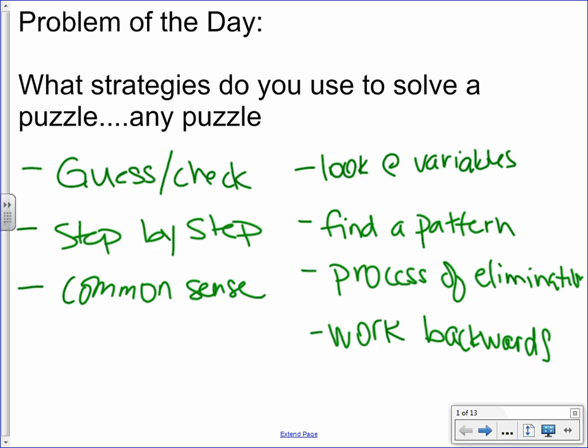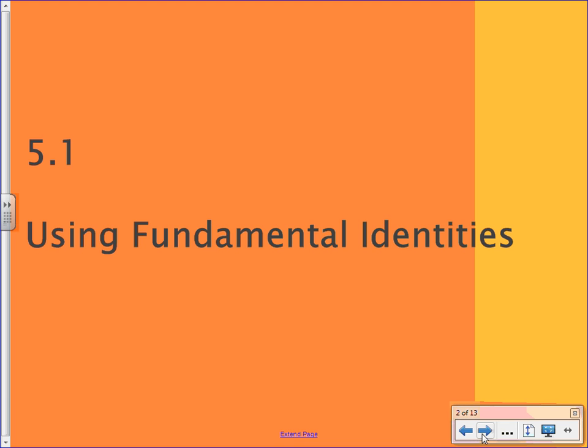What we're going to do, I'm going to put it as the next 5 days. I would love to say week, but it may bleed into next week with our snowstorm. We're going to be working with trigonometric identities.